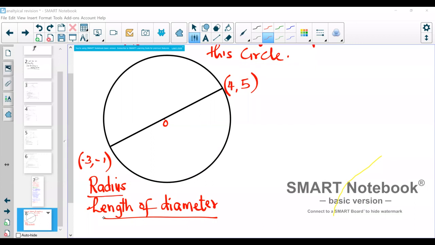Please type in. I'm waiting for you guys. It shouldn't take you this long. What is the length of the diameter?